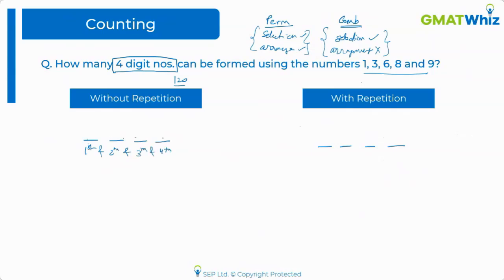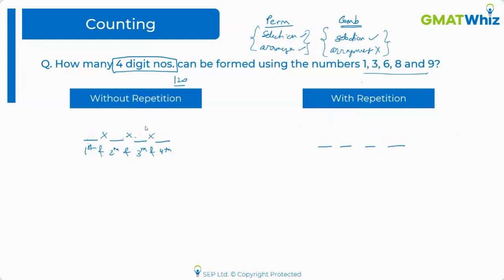Only then will I get a 4-digit number. It doesn't make sense to fill just 3 spaces. If I don't fill up this space, I will have a 3-digit number. So this 'and' signifies that I need to find out in how many ways I can fill each space and then multiply them. That is the reason we multiply.